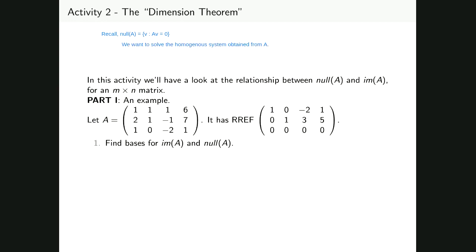Okay, so what we do is we start off with the matrix A, we reduce it to RREF, and then we get here. So we're looking at this RREF form, and we're going to augment that with a bunch of zeros.